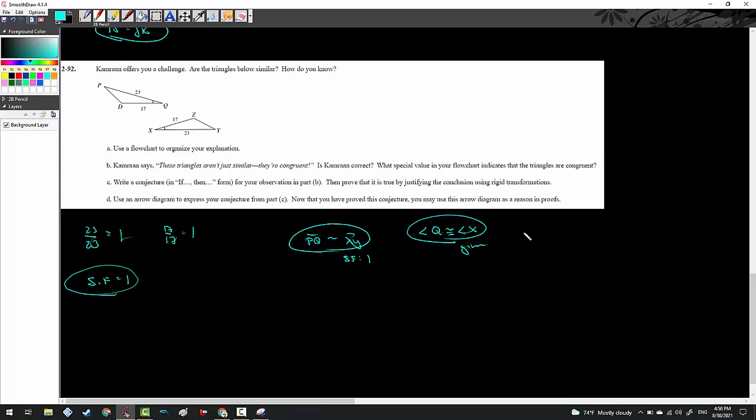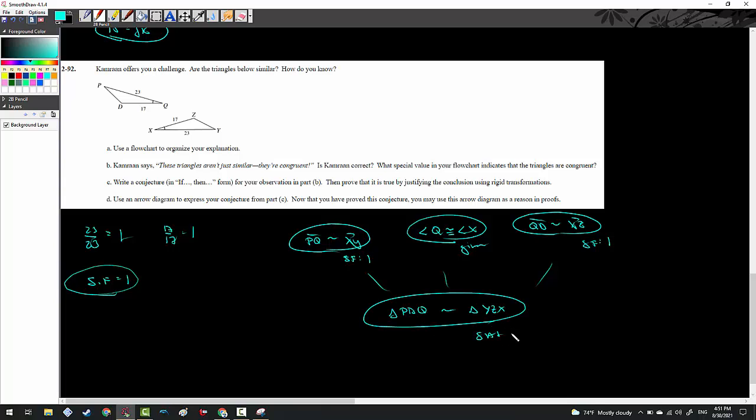And then I can say that side QD is similar to side XZ, and again, the scale factor of that one is 1. So based on side angle side, triangle PDQ is similar to triangle YZX, and that's because of side angle side similarity.